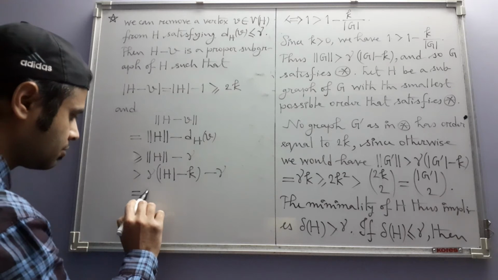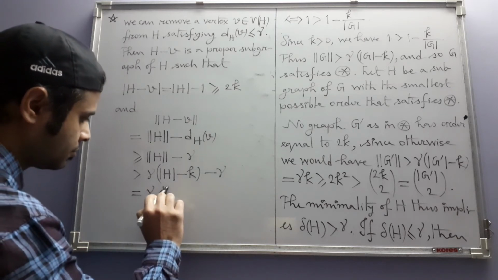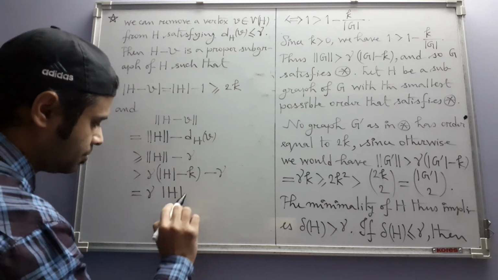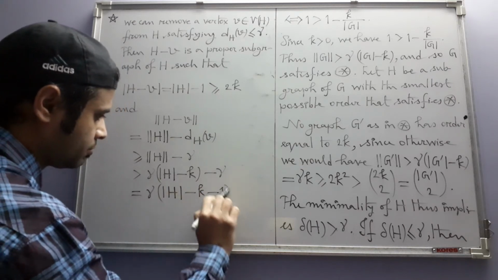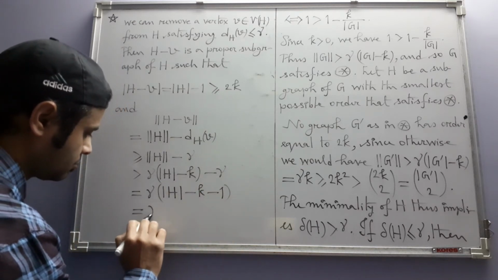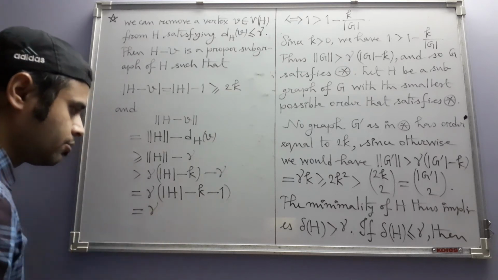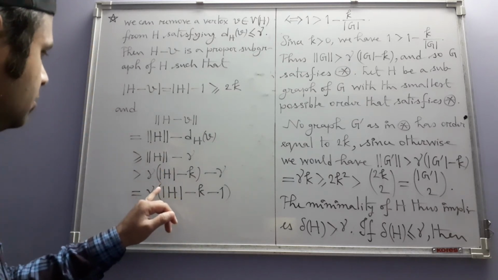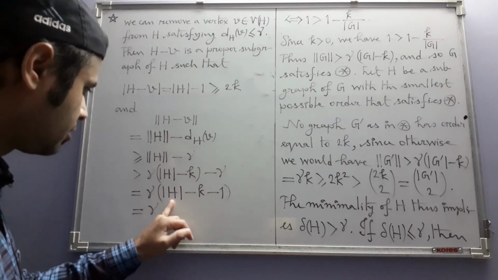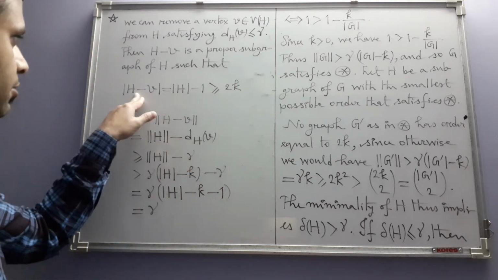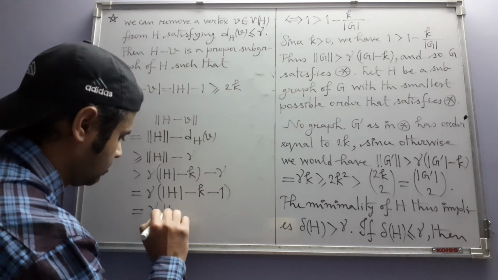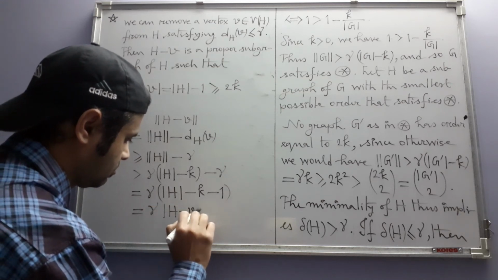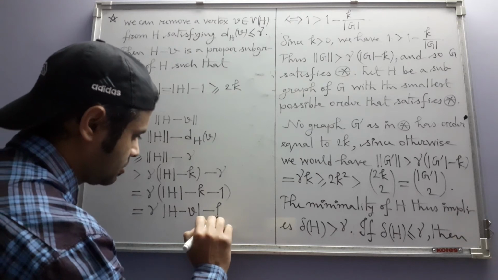This becomes equal to, if you take gamma common out, now note that this order of H minus 1 is nothing but order of H minus V, minus k.